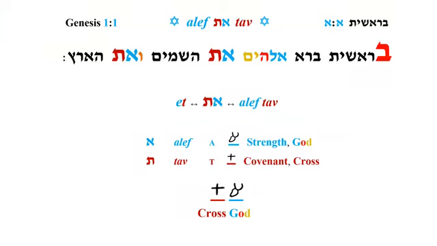So here in this verse, Bereshit bara, bara is your verb, Elohim, he's the one doing the creating. What did he create? Et hashamayim, whatever followed et, so hashamayim, the heavens.